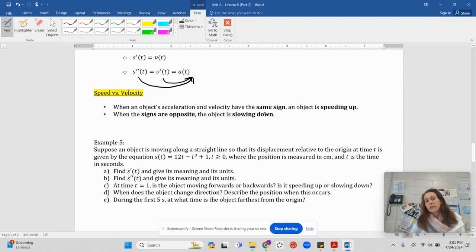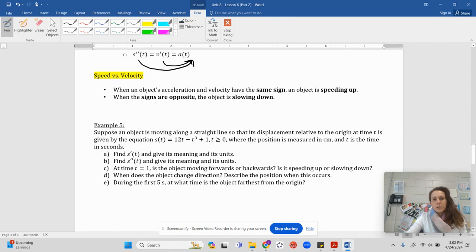If the signs are the same at a certain time, then the object is speeding up. When the signs of acceleration and velocity are opposite, that means the object is slowing down. I think this problem down below will help us understand why that's the case. So keep that in mind as we start this next problem.